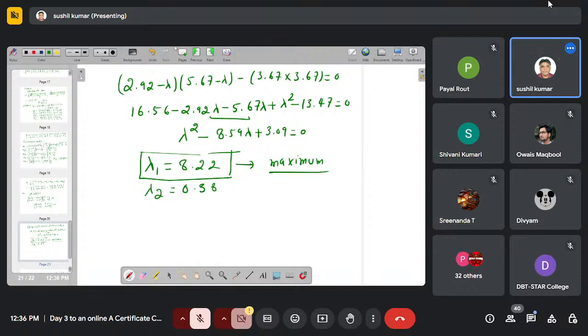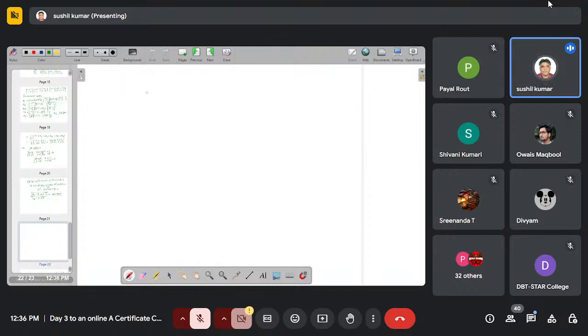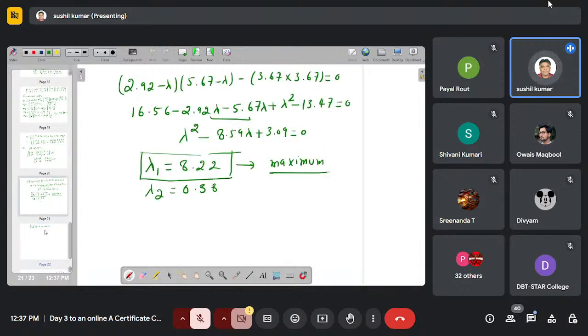So let me find the eigenvector. You have two values: one is 8.22, the other is 0.38.